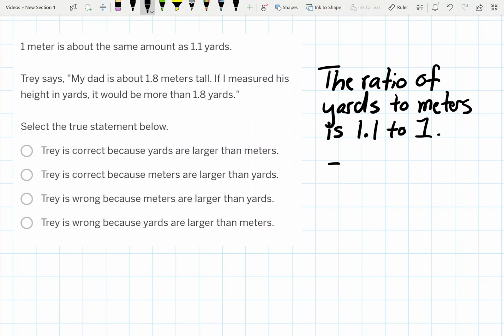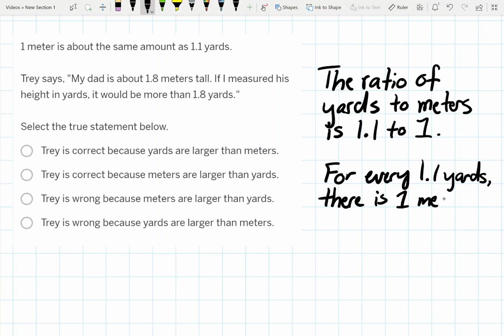And that's like saying for every 1.1 yards, there is 1 meter. Or for every 1 meter, there are 1.1 yards.